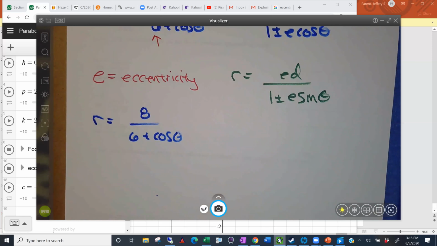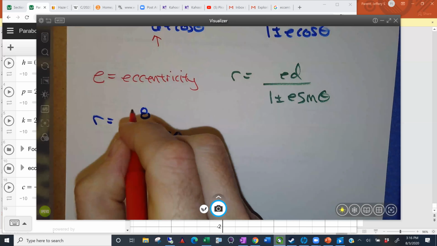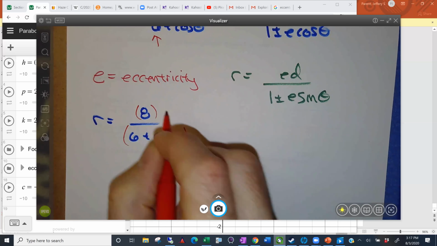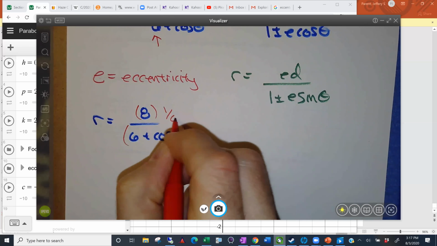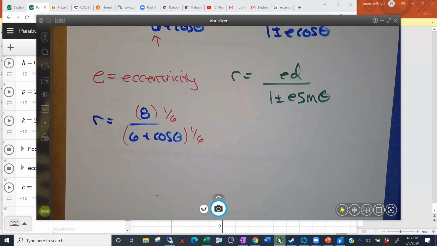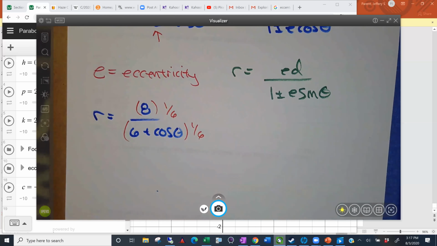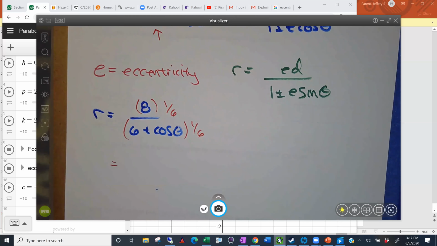If I want to make that a 1, what I can do is multiply both the numerator and denominator by the same thing, 1/6. Now in the numerator, that's going to give me 8/6, which of course is also 4/3. And in the denominator, I get 1 plus 1/6 cosine of theta.